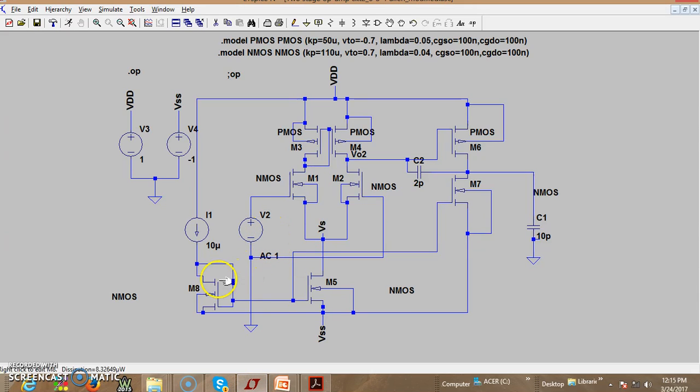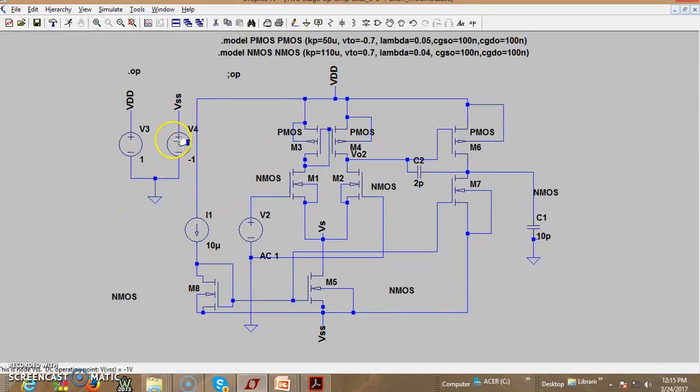You can see we have the differential amplifier and the second stage CS amplifier. We have a compensating capacitor of 2 picofarad, the output capacitor is 10 picofarad, and we have the tail transistor and the mirror transistor. This is the current source, and this is the voltage source giving 1 volt and minus 1 volt, the plus VDD and VSS.